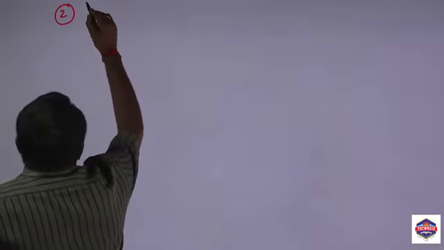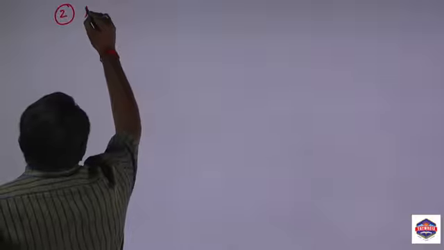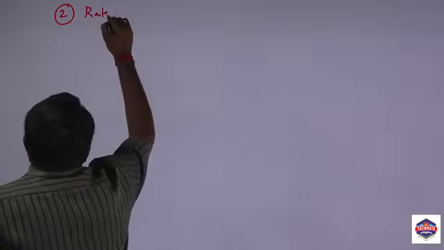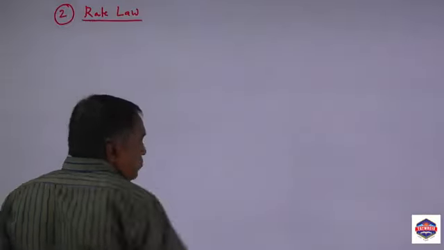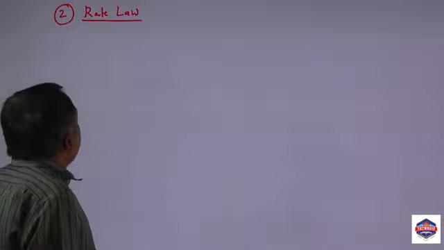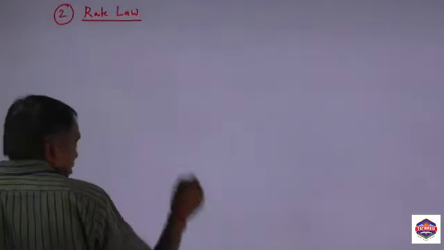law of mass action. Or rather, not law of mass action, this is a rate law. So what is meant by this rate law? This rate law was proposed by Vaughey.